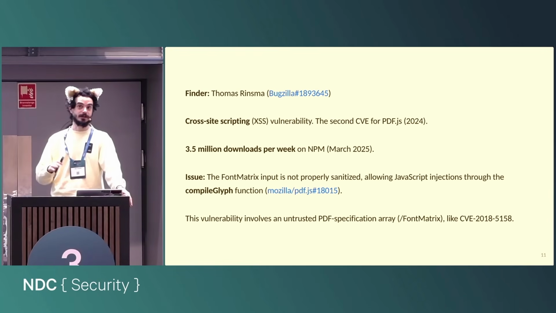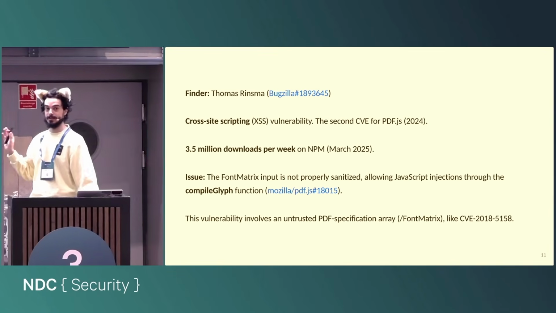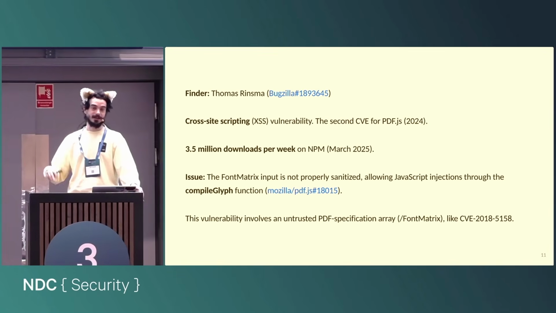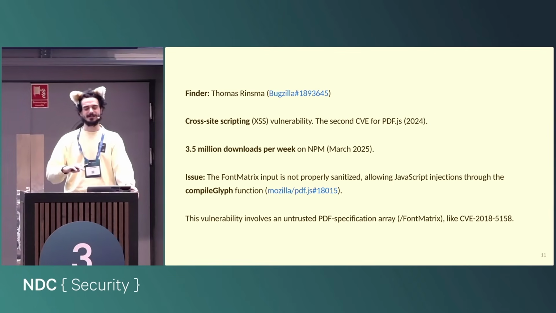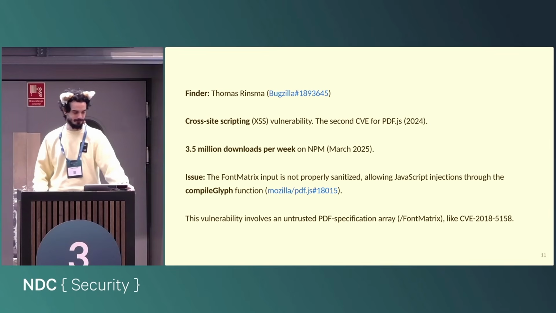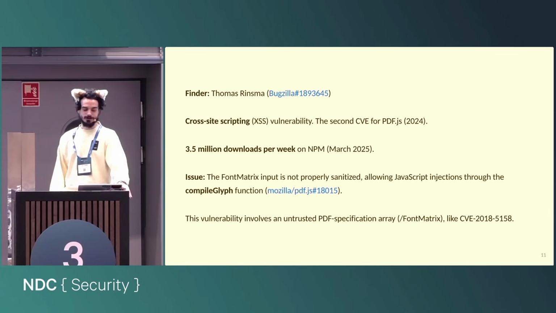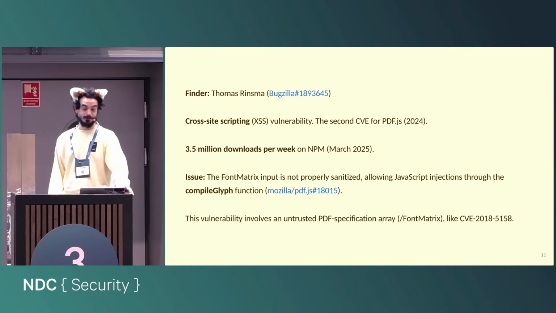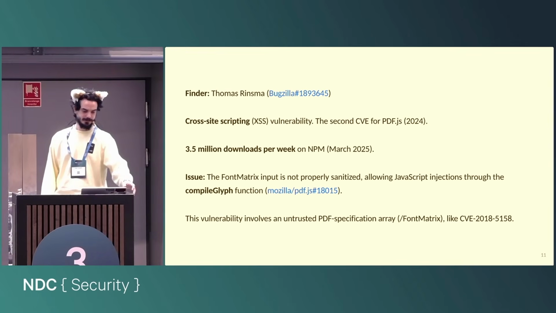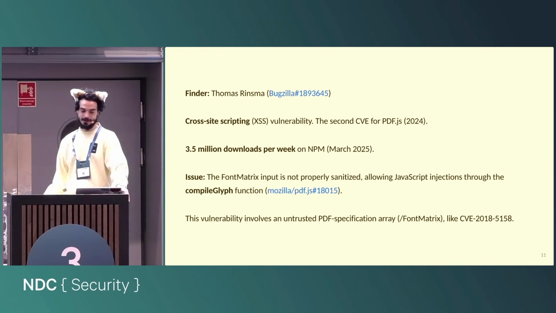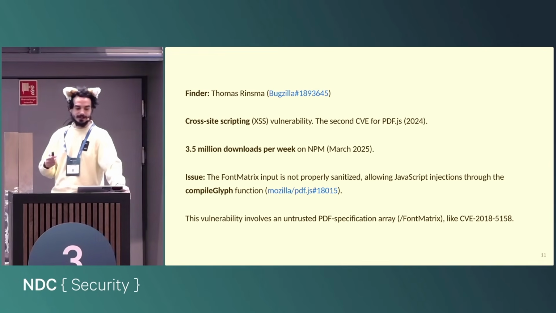And technically, it also affected the PDF.js on Firefox, because even if the PDF.js used by Firefox itself is the same library, it is implemented in a different way in some ways. What was the issue this time? Well, we have a font matrix input. Font matrix means an array again, and it was not properly sanitized, allowing a JavaScript injection.